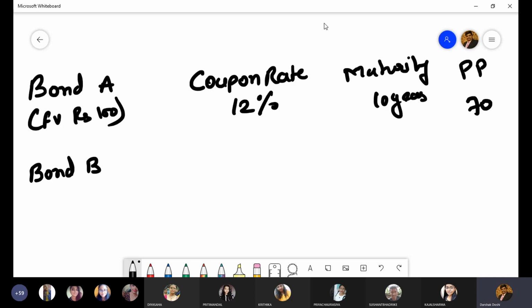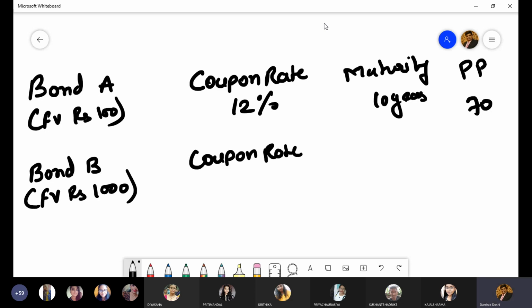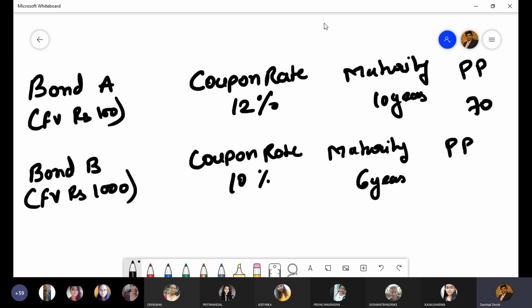Bond B, face value rupees 1000, coupon rate 10%, maturity 6 years, purchase price 600.